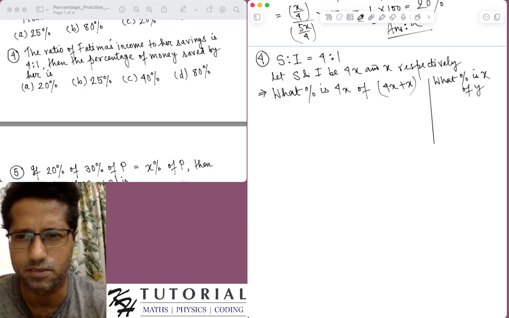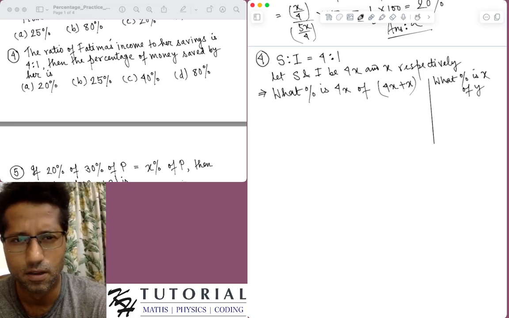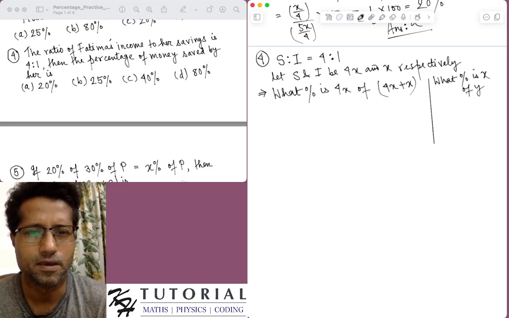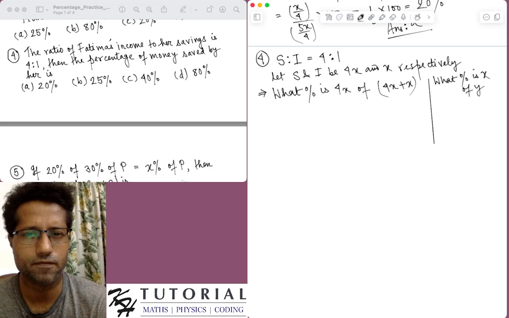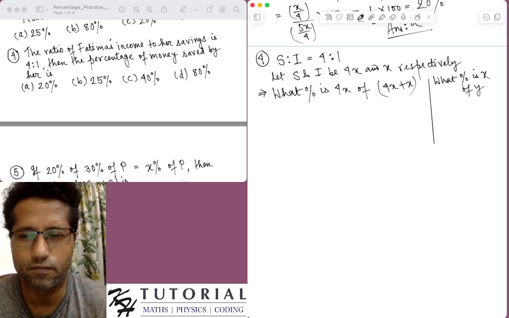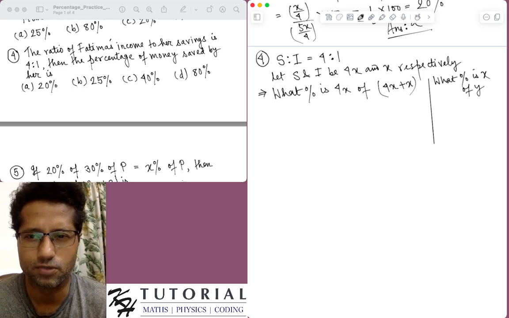Now what is 4x plus x? 4x plus x is the total income. So when it is asking what percentage of money saved by her, it means that the percentage of the money saved has to be calculated based on the income. So we have assumed that the saving is 4x.